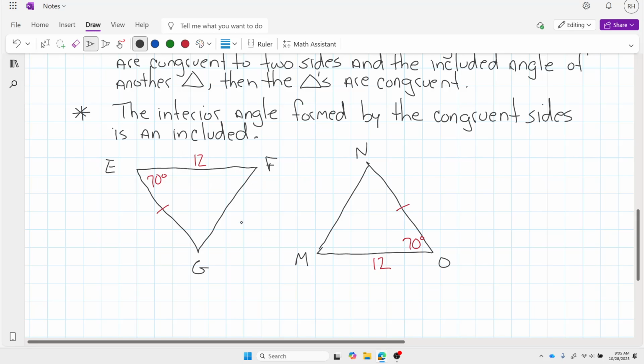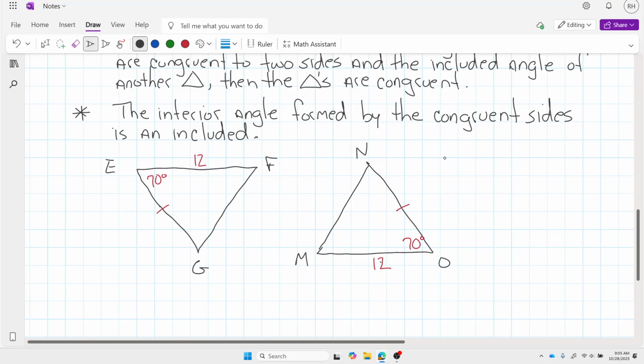So if you look at the triangle on the left, we have a side, an included angle, which is E, and a side. Triangle on the right, we've got a side, the included angle O, and a side that's 12 that are congruent to each other. Okay? So we have a side, included angle, and a side congruent to a side, included angle, and a side. So the triangles are congruent.